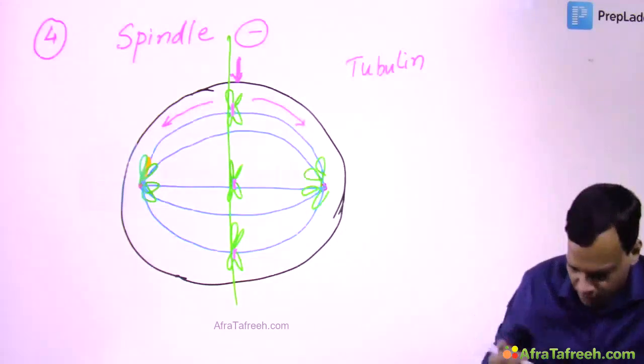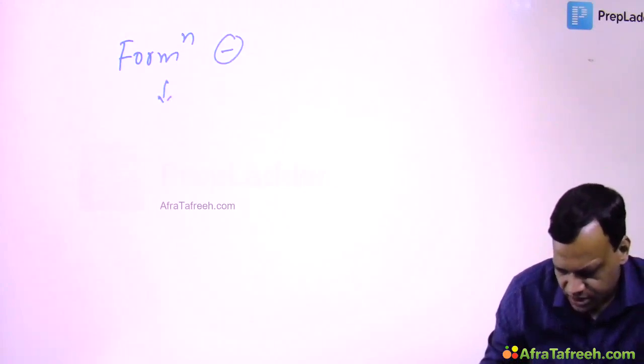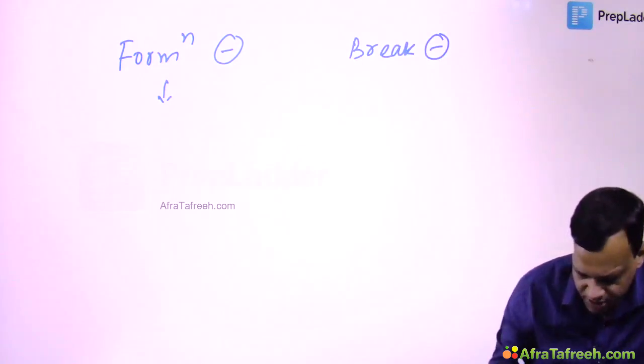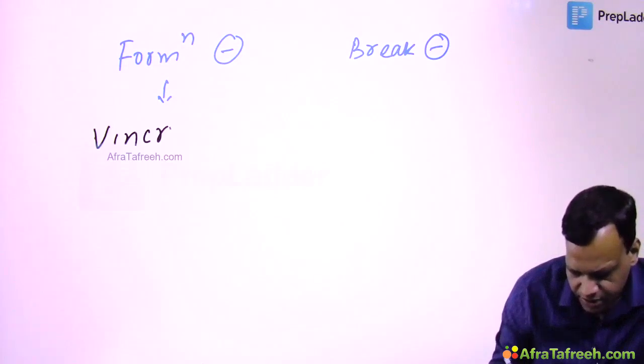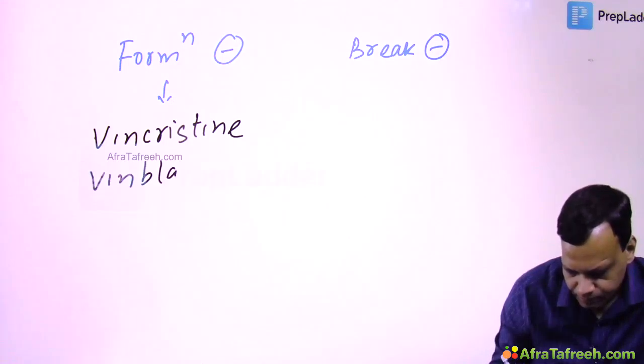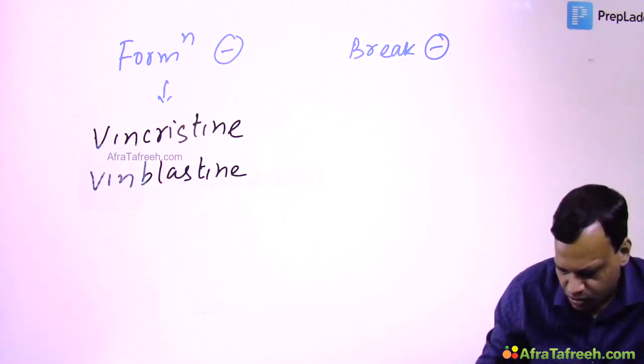Okay. Now the drugs which inhibit formation of the spindle and the drugs which inhibit breakdown of the spindle. Formation is inhibited by vincristine and vinblastine, whereas breakdown is inhibited by paclitaxel.